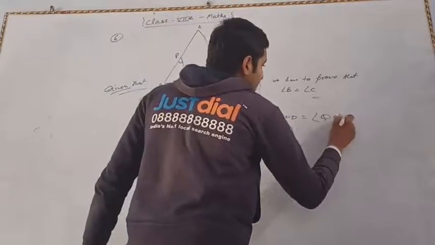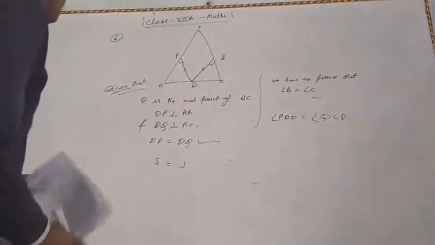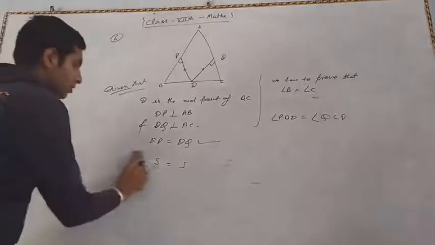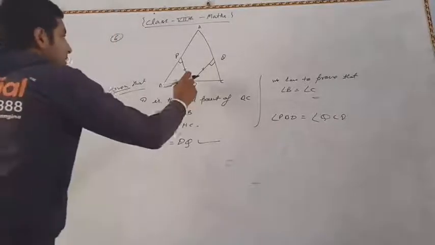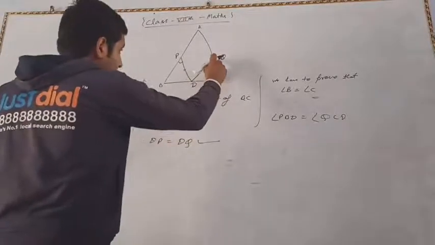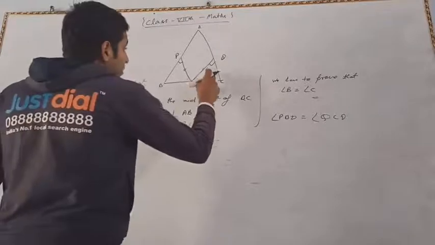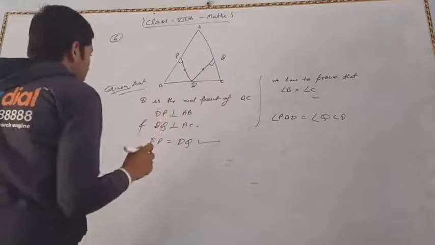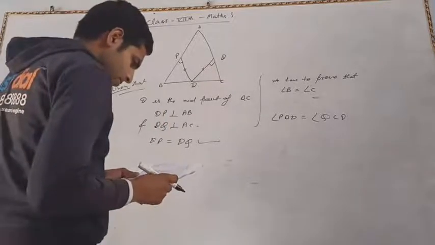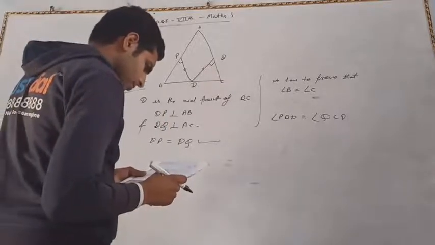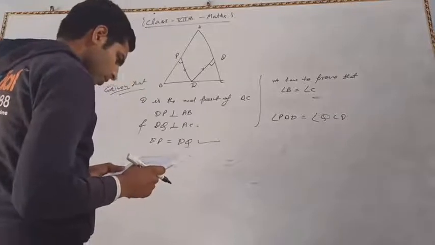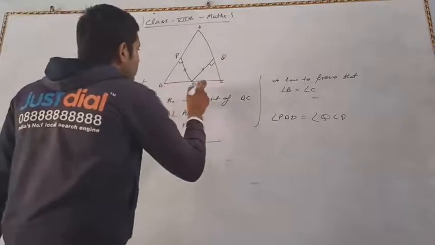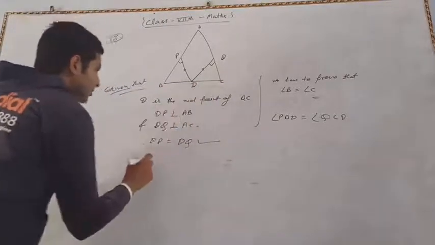So from here we find DP is equal to DQ, and BD is equal to CD because D is the midpoint.